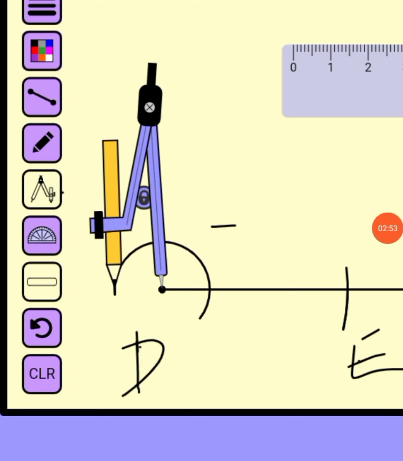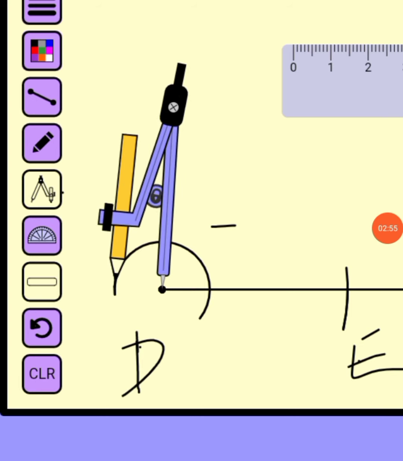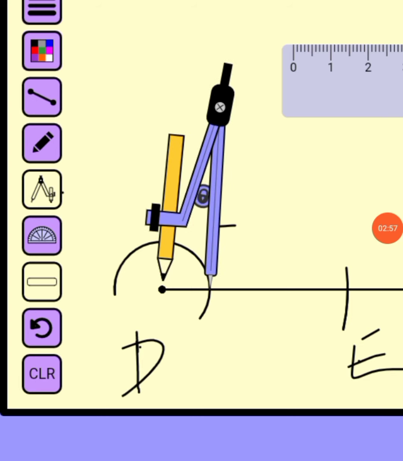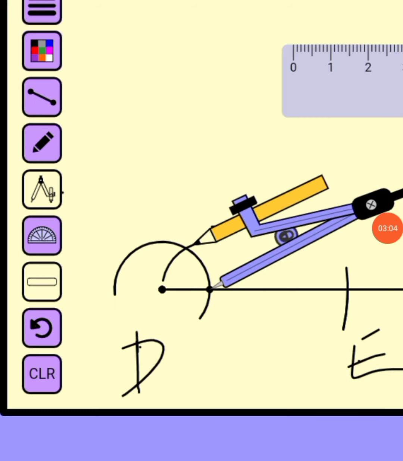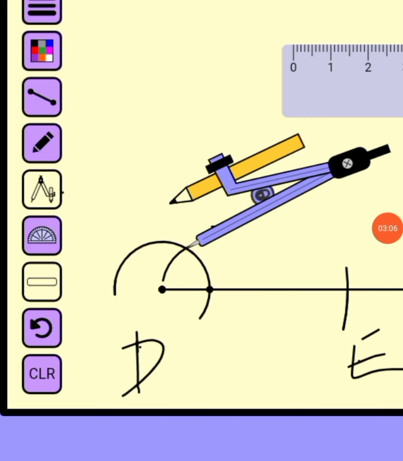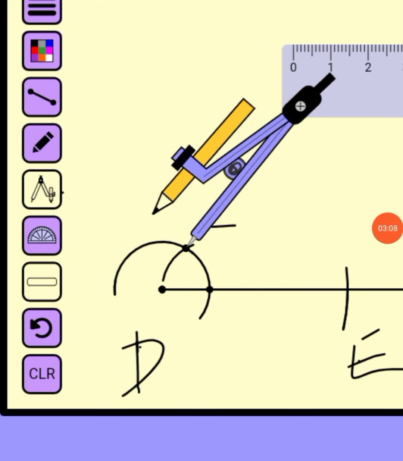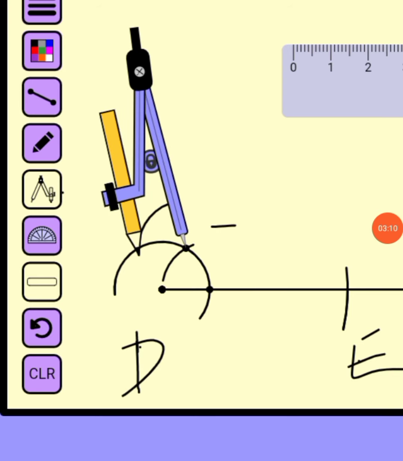Then I will draw a 60 degree. How do I draw a 60 degree? I draw it by just taking the same radius and cutting an arc. This is 60 degree. From here if I draw another arc, this makes 60 plus 60, 120, and I will bisect in between.